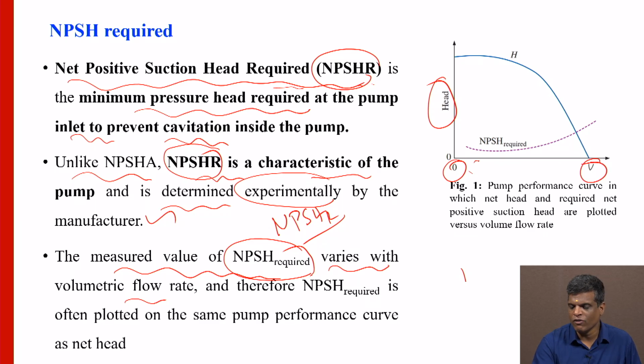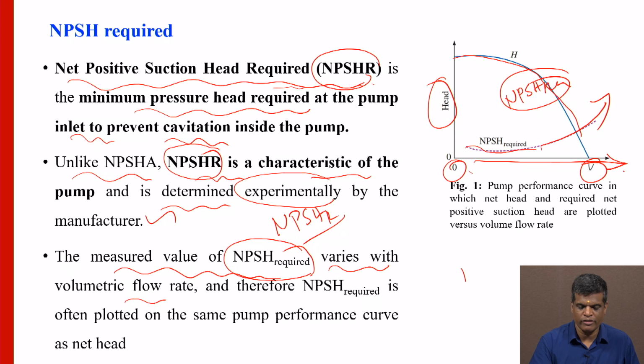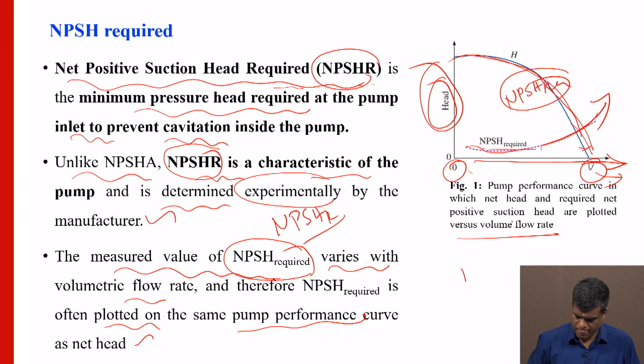You can see that when you increase the volumetric flow rate, the head decreases, but the NPSH required always increases as you increase the volumetric flow rate. We often plot it on the same pump performance curve: the head is on the y axis and the volumetric flow rate is on the x axis. The head always drops, but the required NPSH increases as the flow rate increases. That is what the graph shows.